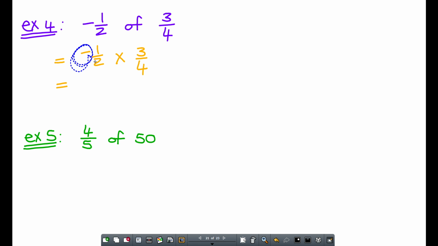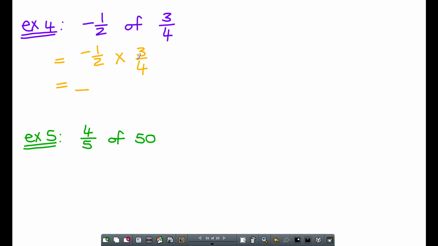So you could place it either at the top or at the bottom or in front. Remember yesterday we spoke about that? As long as there's just one negative. Now, forget about the fractions. If I had a negative number multiplied with a positive number, your answer would be a negative. Right, so I'm going to put it in front of my fraction.